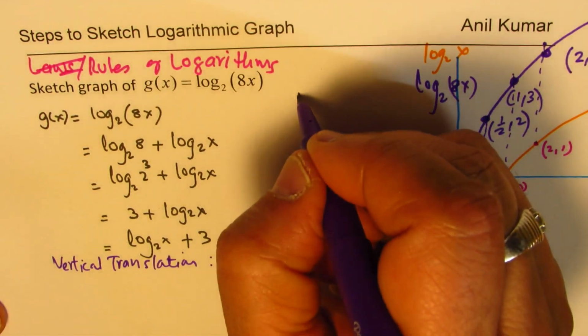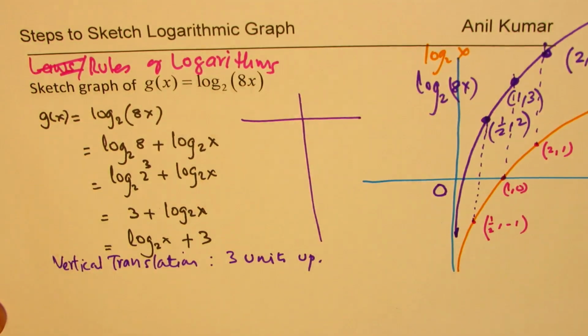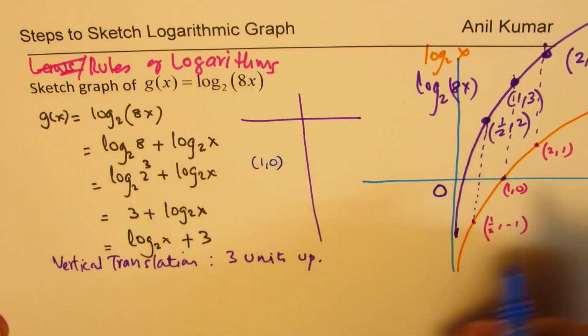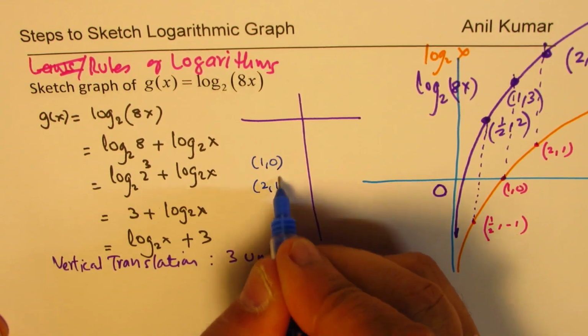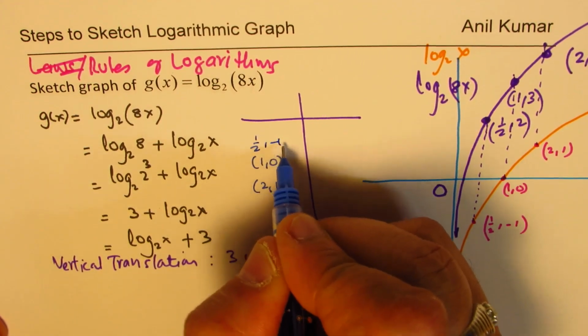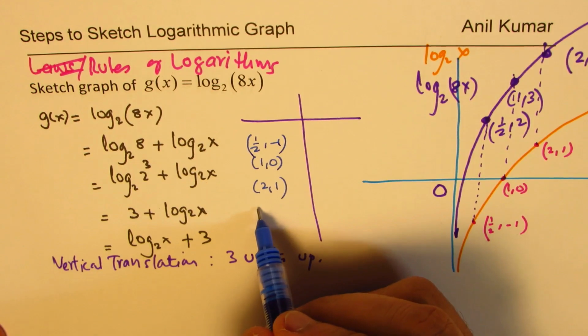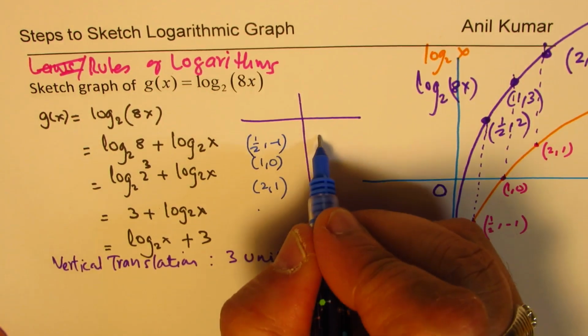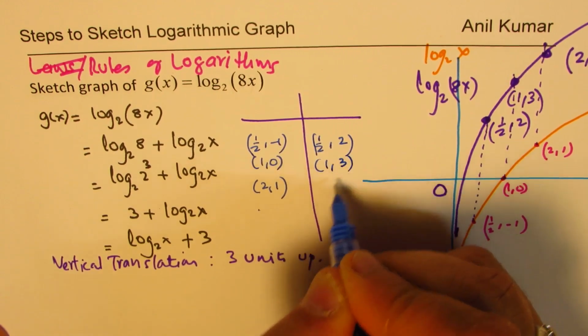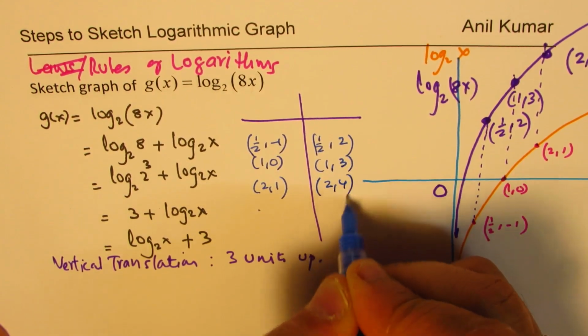You can now also write down the coordinates of the points. The original points were 1, 0, 2, 1. This was half and minus 1. So these 3 points, now y value gets added. So you get half and 2. This becomes 1 and 3, and this becomes 2 and 4.